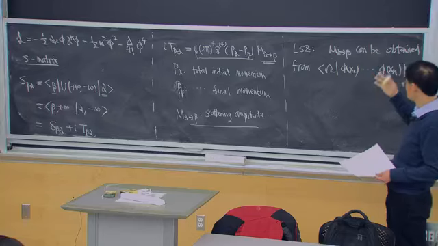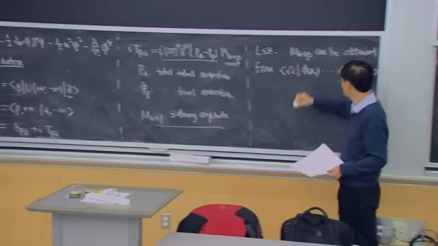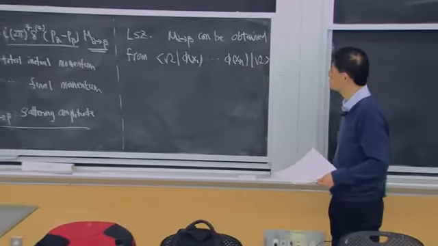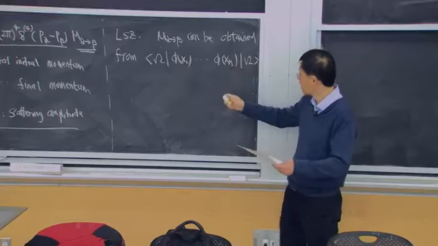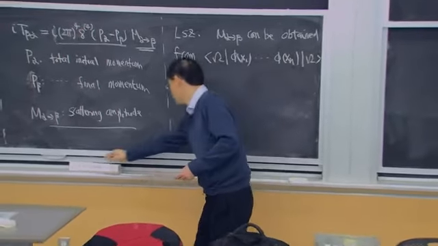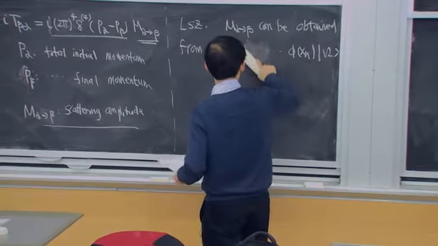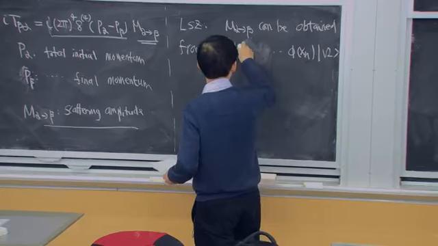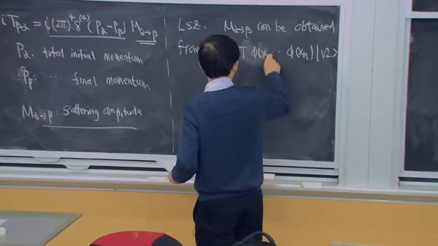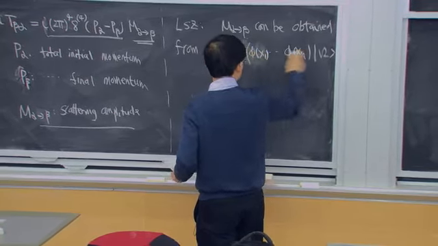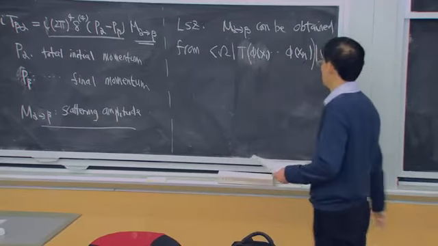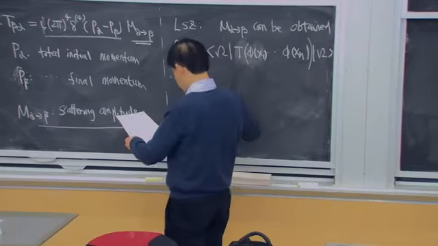But at the moment, it's enough for us to know that the scattering amplitude can be extracted from this quantity. Oh, sorry, here it should be time ordered. Let me just explain the notation here.